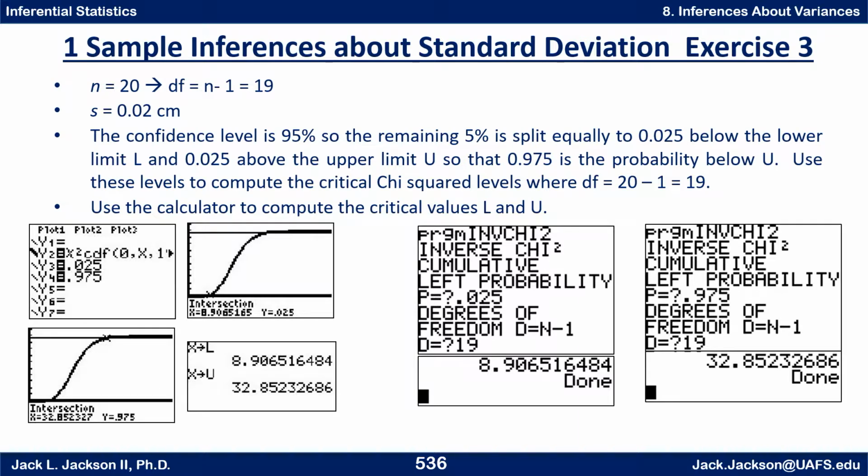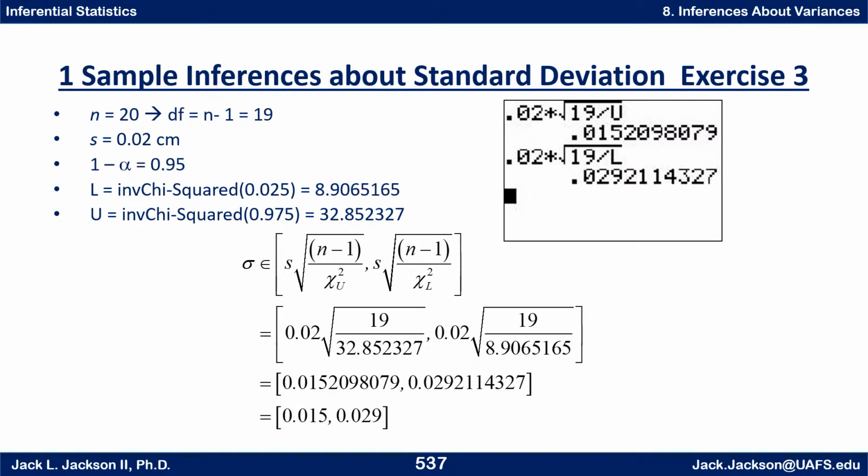All right, now we have everything we need to build the confidence interval. We use this formula right here. So we take S, the sample standard deviation, times the square root of the degrees of freedom, n minus 1, divided by the chi-square upper. Now, don't square anything here.